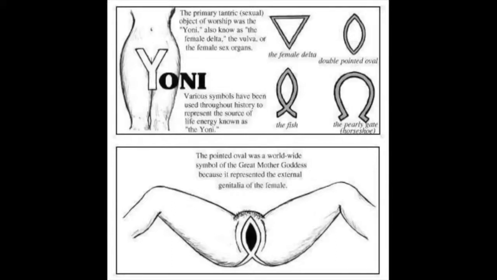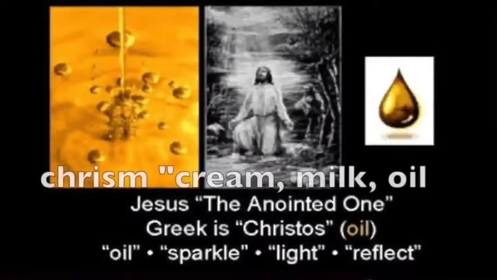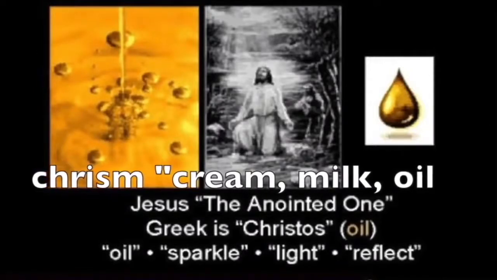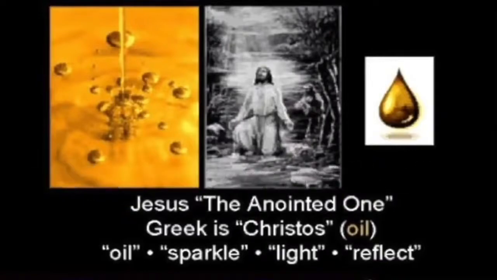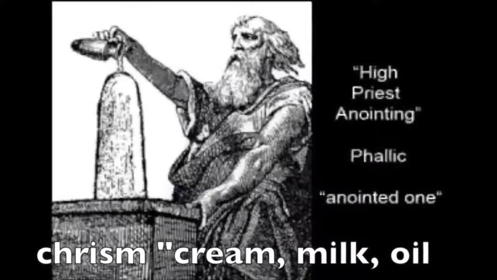So the chrism, the Christ, sits within the vesica piscis, the tender mother, in the arms of the pia mater, the tender mother. And within the brain, the word Christ comes from Latin and Greek chrism, Christos, or oil. And all of these are the holy anointing oils. They are the sacred secretion.